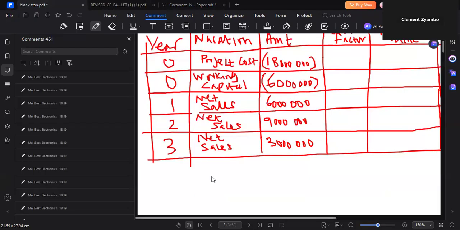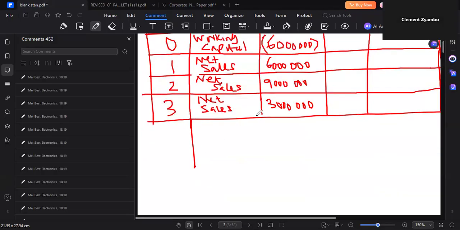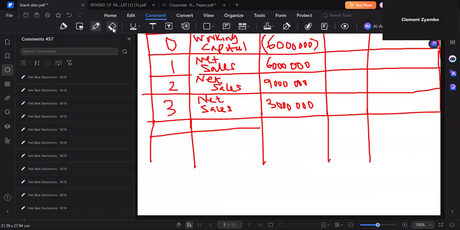All right. So what else are we having here? We're having year three. Okay. So for year three, we have the other aspect here that we need to know. We have the recovery of working capital.